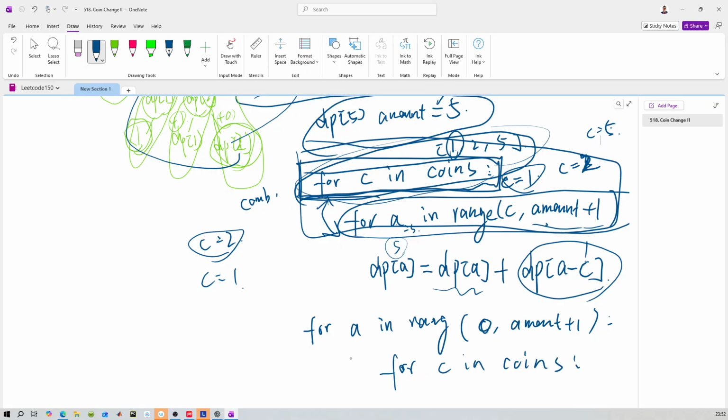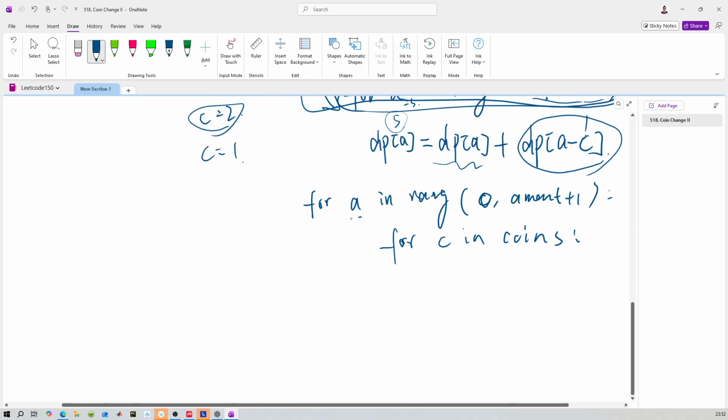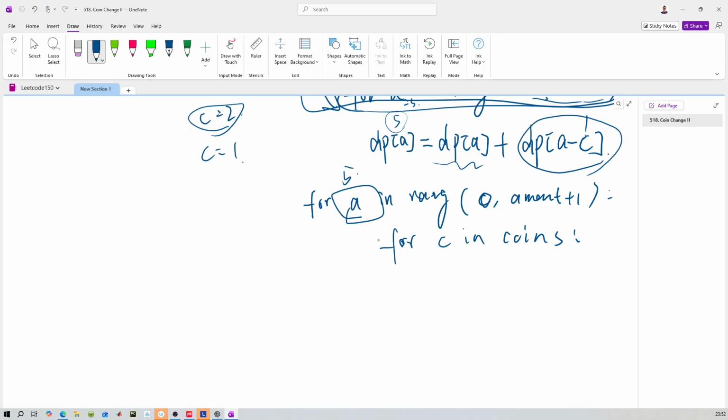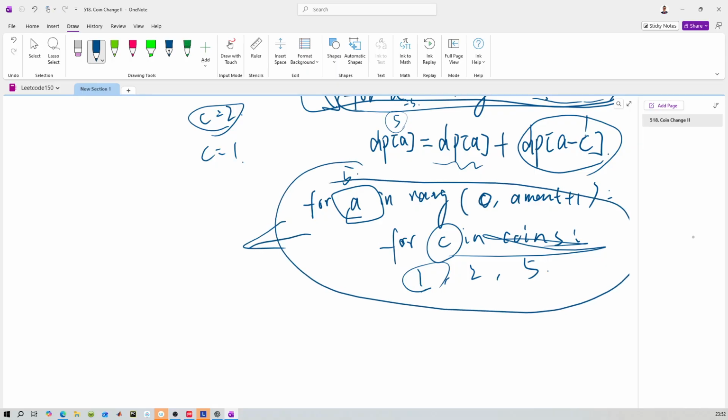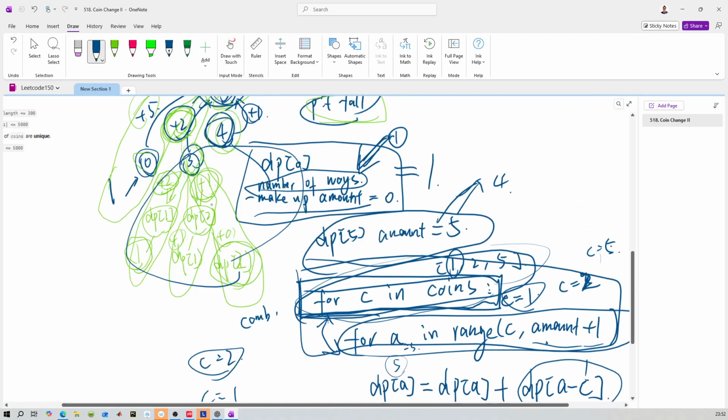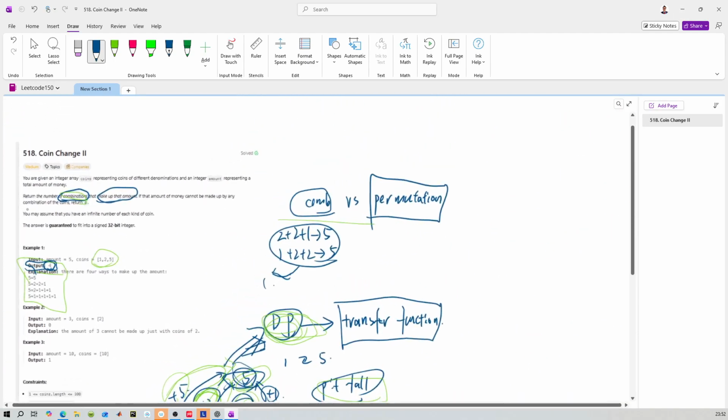What we were trying to do is, for each a, in that case number 5, figure out all the possibilities to select 1, 2, and 5, and it goes from there. So this type of solution will lead us to permutations, which is not what this problem originally asks for.